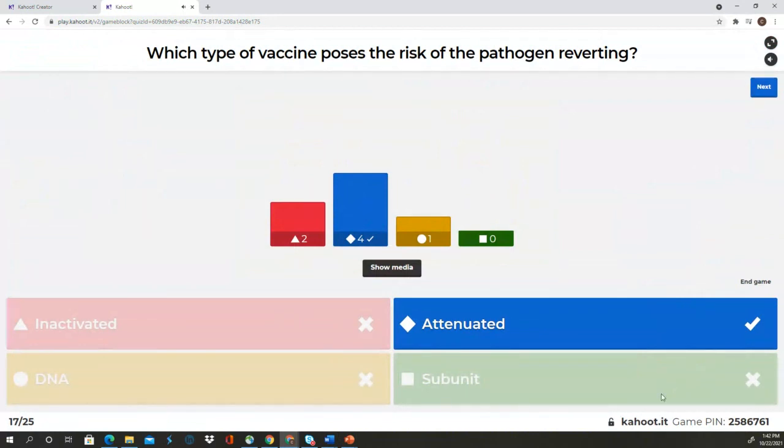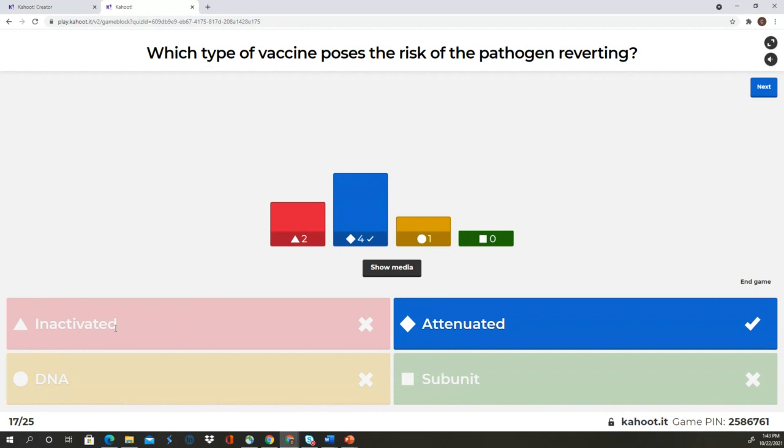Good job. So the attenuated, that is the live pathogen, but attenuated means it has been weakened. And so it has been weakened to the point where it's not actually a threat anymore. But technically, because it's alive, there is always the chance that it could revert back. So inactivated vaccines are also called killed vaccines, but remember, we don't say viruses are killed, right?